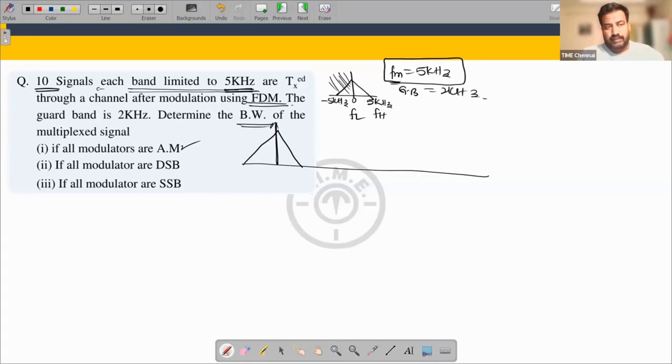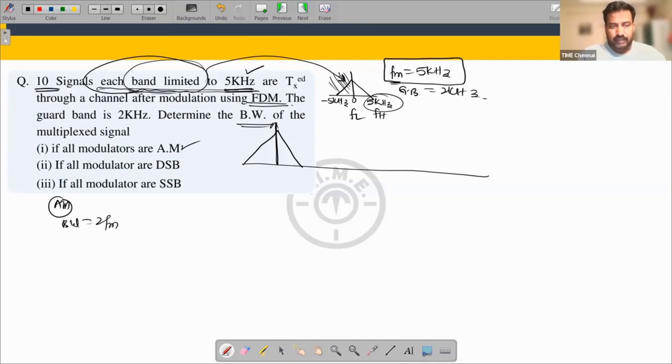So whenever you see the term band limited to, this picture should be visualized by you. Once you visualize this picture, you understand that fm is this value. Each AM channel takes a bandwidth of 2 fm, so now things will become easy.